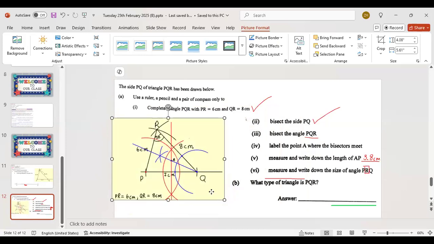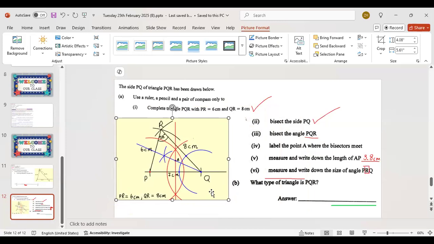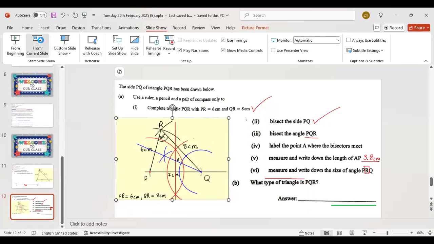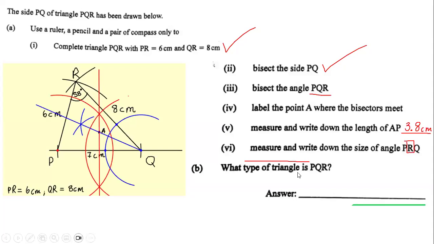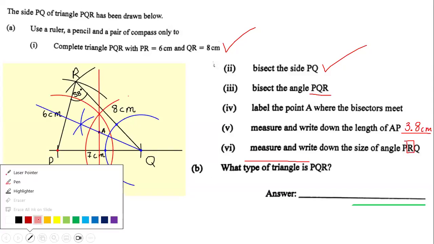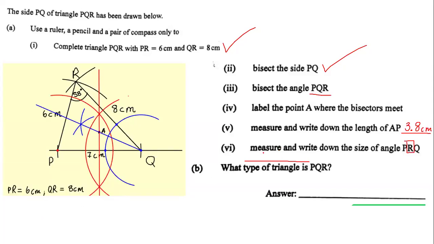So what we have: measure and write down the size of angle PRQ. What did we get for that one? We got 58 degrees.